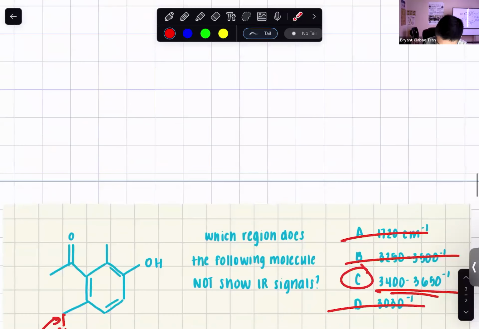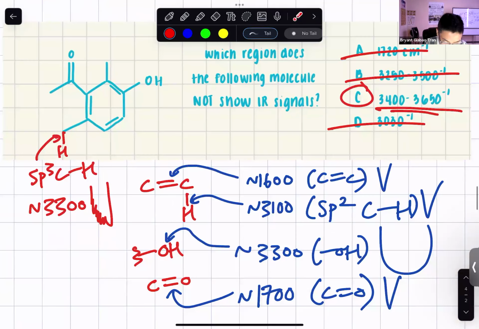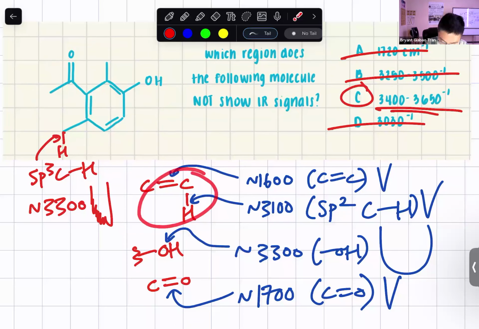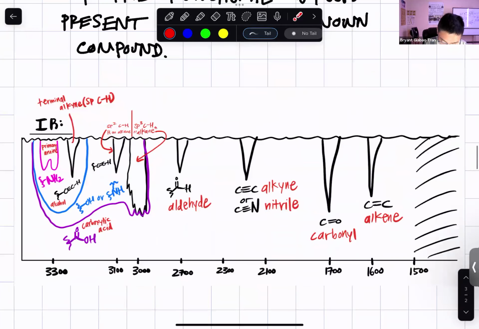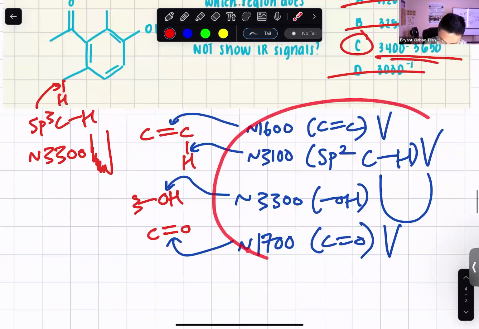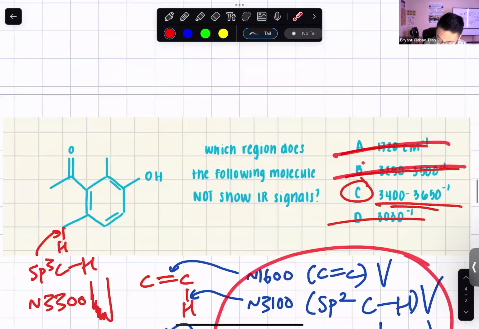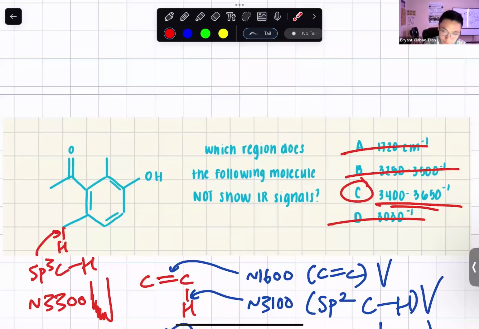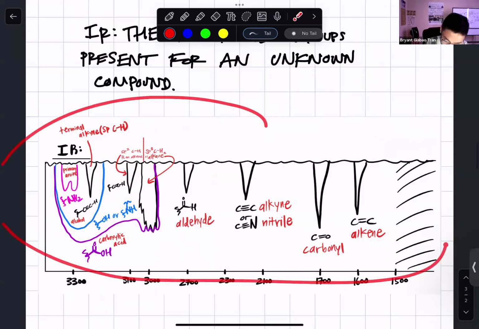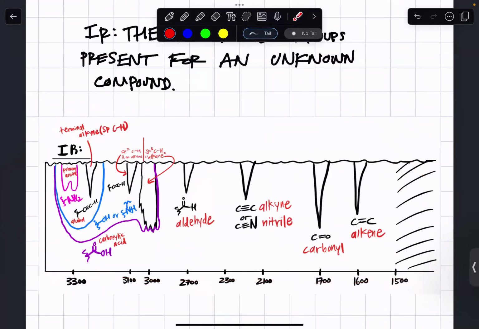Because you have that chart, you could do that whole process that we just did, determining the functional groups present on the molecule. Then once we have the functional groups, we refer back to the chart on the note card, analyze what it would look like in the IR, and cross out, depending on what the question is, and answer it from there. So this chart here is really important. Okay, thank you. No problem.